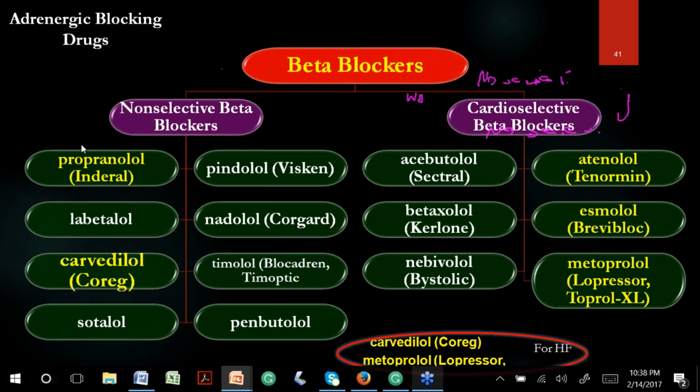Number one, and please, I would like you to write it down: non-selective means that the beta blocker can block beta 1 and beta 2. Propranolol, Inderal, is the prototype. It is going to decrease the heart rate and the contractility, correct? We must know that.